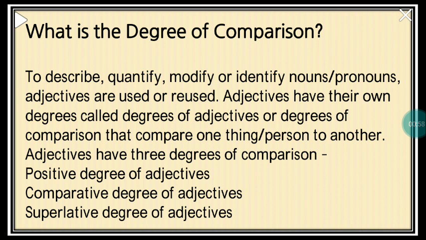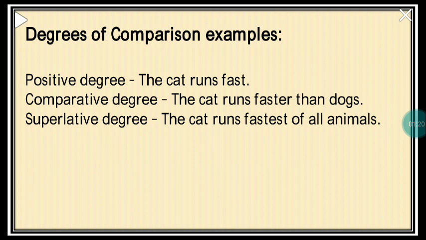Adjectives have their own degrees called degrees of adjectives or degrees of comparison that compare one thing or one person to another. And they have 3 degrees. That is positive degree of adjectives, comparative degree and superlative degree of adjectives.